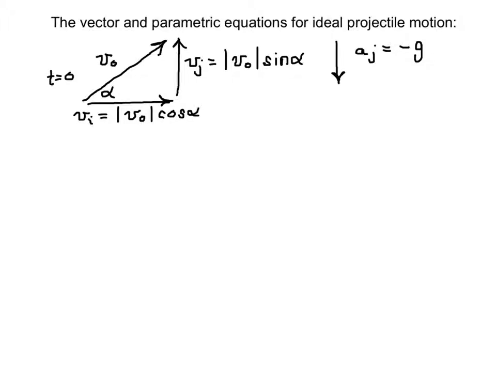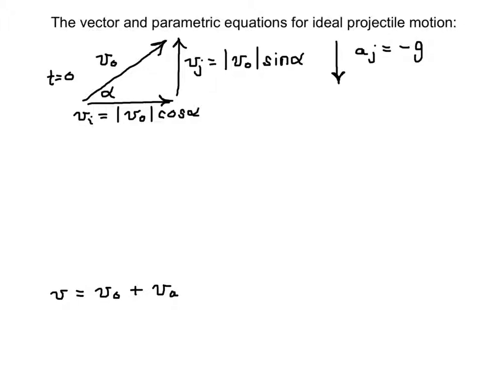Okay, so we want to start with our velocity equation, and we know that our velocity is going to be equal to our initial velocity, v naught, plus our velocity that's due to acceleration.